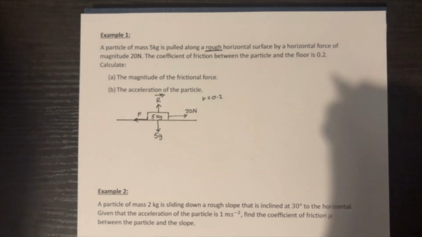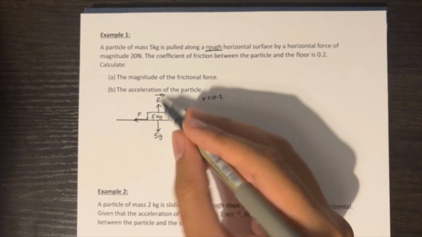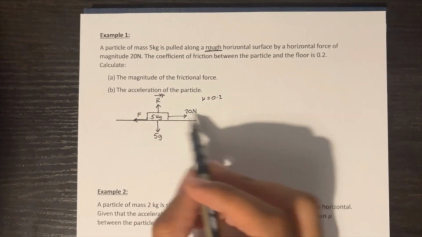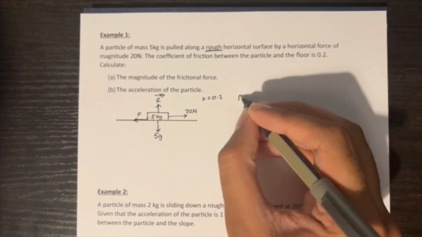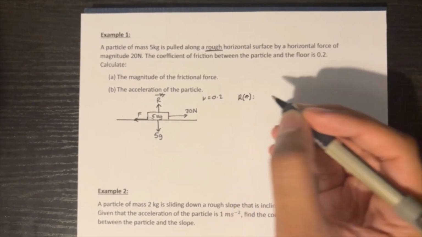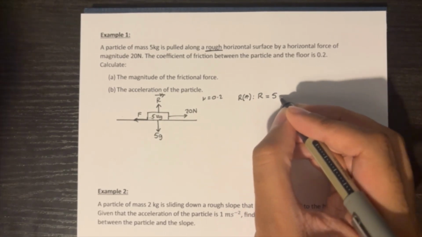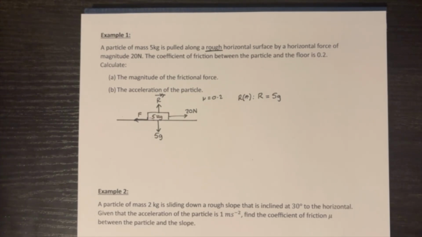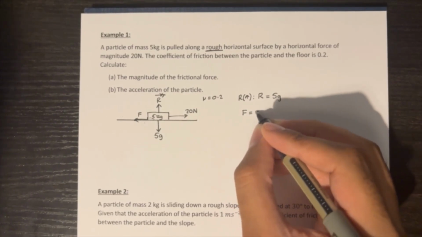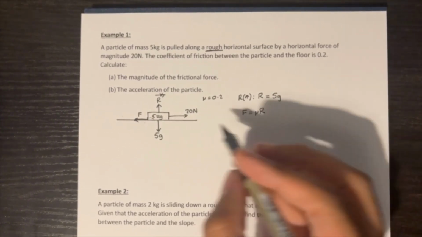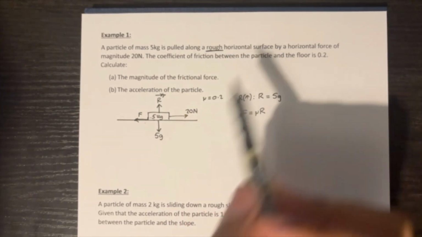If we think about the reaction force, there's no acceleration in the upwards or downwards direction. Any acceleration is happening horizontally. So in that direction, I can resolve in the upwards direction, and I can say that the reaction is equal to 5g. So then our frictional force, F equals mu R, because our object is moving, we were told that it was being pulled along that surface by a horizontal force.